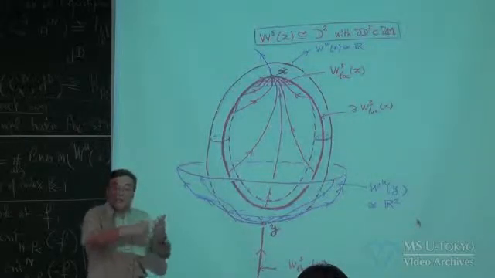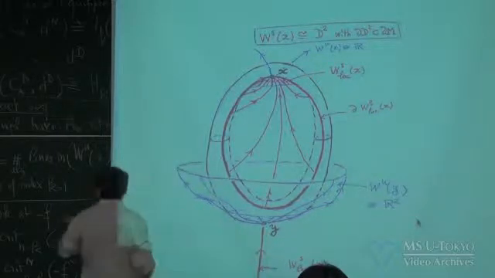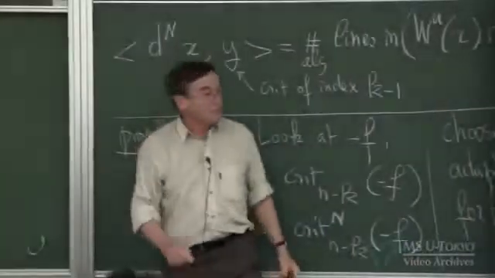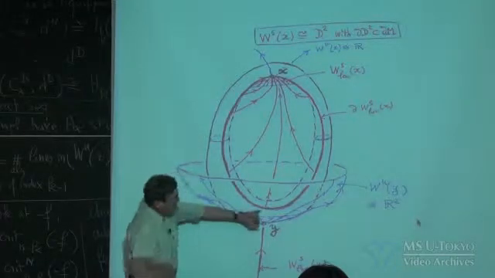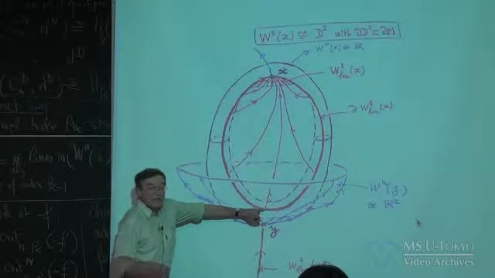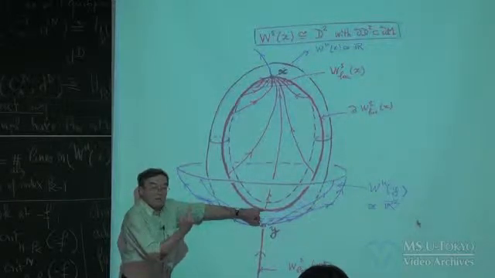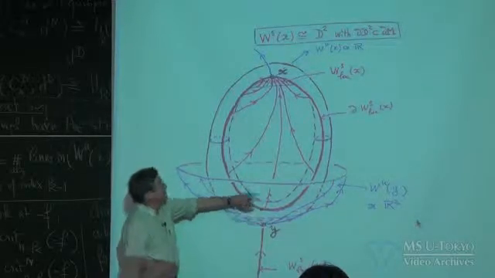For this choice of vector field, you see here it is a critical point of type Neumann, so there is no tangency condition here. It is pointing in.